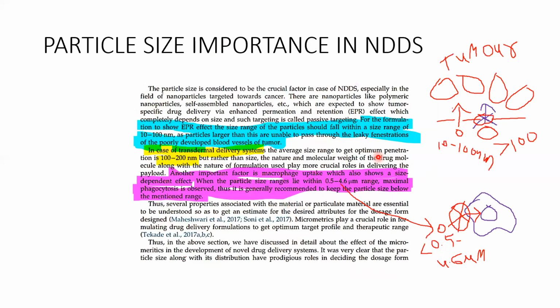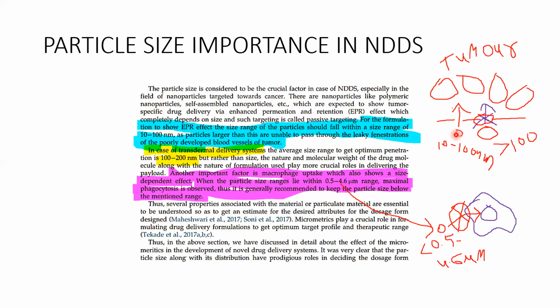Next is the importance of particle size in novel drug delivery systems. In order for a particle to enter a tumor, there is a fenestration, which is the gap between the endothelial cells of the blood vessel.